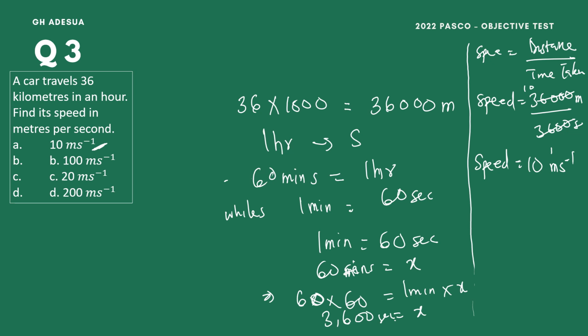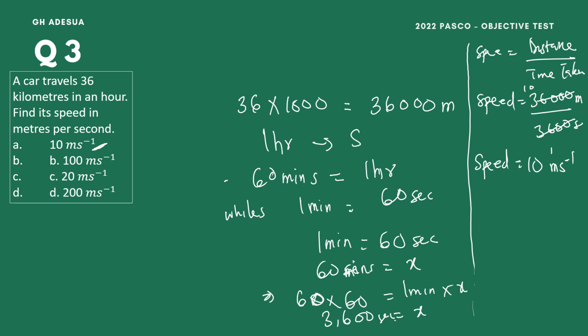So for the kilometers in an hour, we know that we have kilometers, so we are changing that to meters, and then the hour, we're also changing that to seconds. Very important for us to note. So we did the conversions and later found for that.